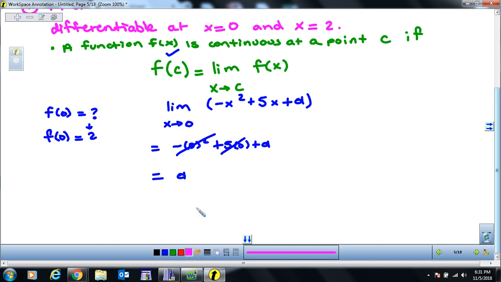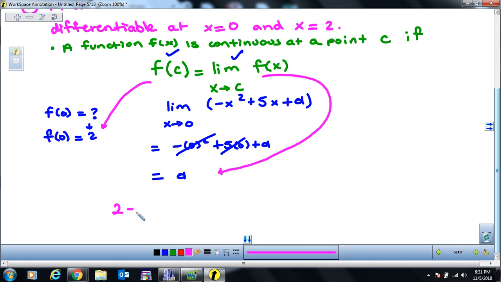So, a function is continuous at a point C if, with this second part you did this, f of x is continuous at a point C if this is equal to this. So this, it's 2, and this, it's 8.